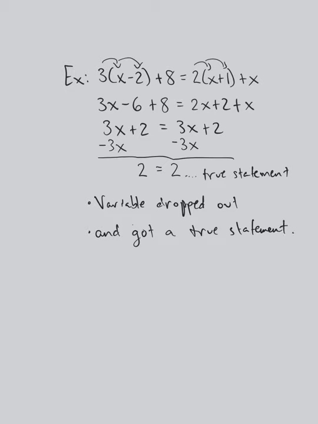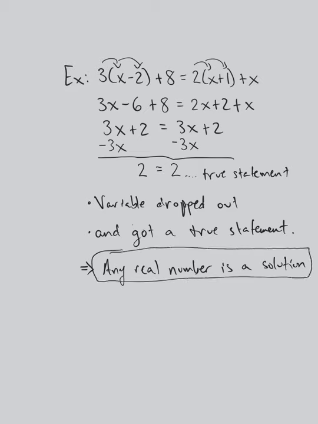Now what that means in this case, the way we answer that, is that we say any real number is a solution. You could just say any number, but any real number is a solution. And I'll show you what that means in just a moment. This is the way we'll answer it. You don't necessarily need to put that word real into it.